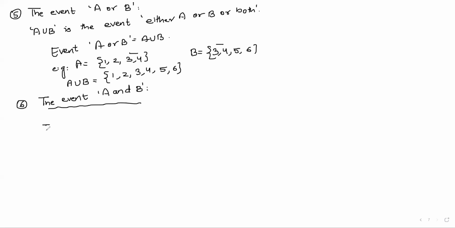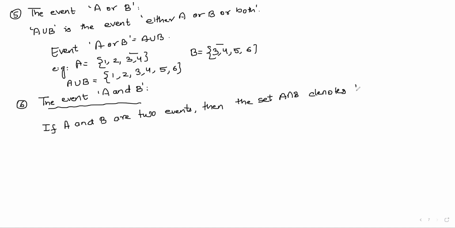If A and B are two events, then the set A intersection B denotes the event A and B. Okay?